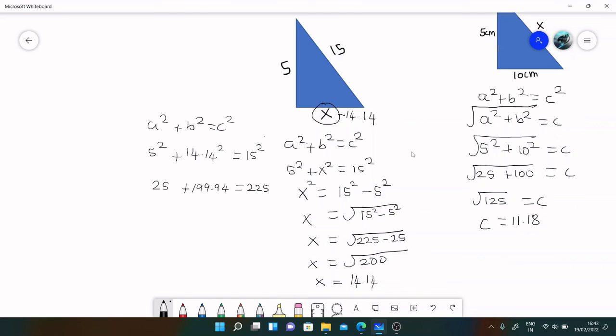So if we add 199.94 with 25, we should get 225, and that's right. So now we know that the answer we got is correct. This is how we use the Pythagoras theorem.